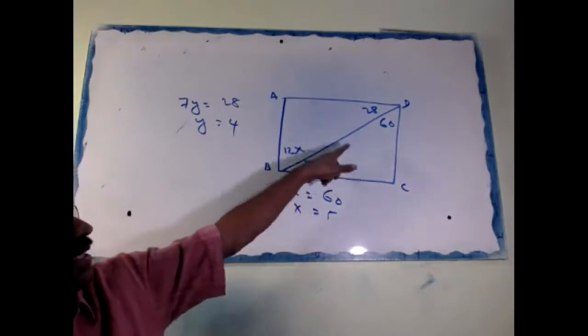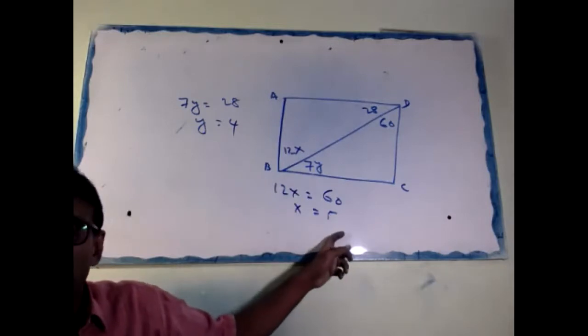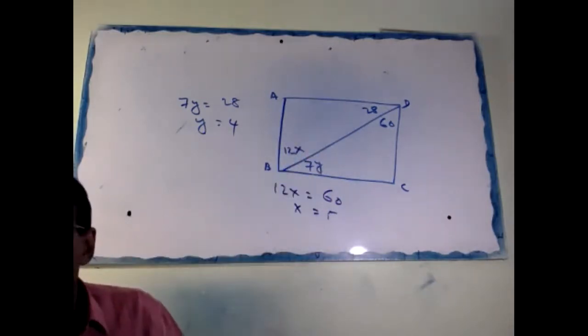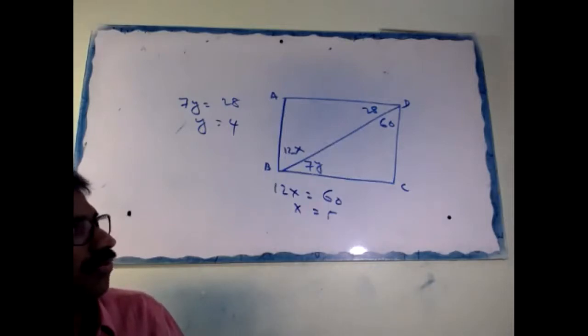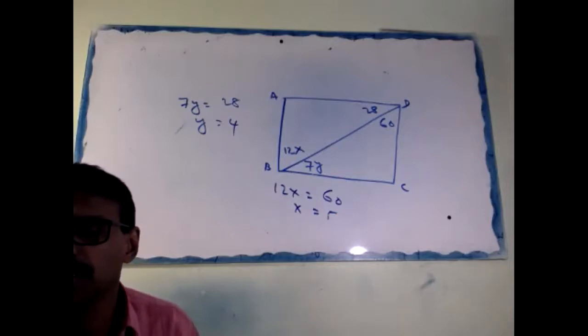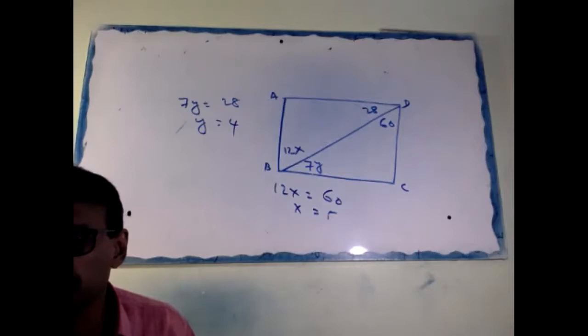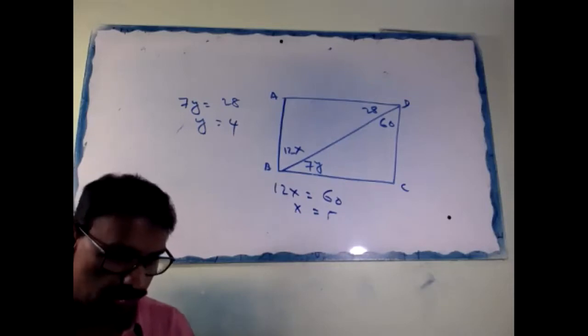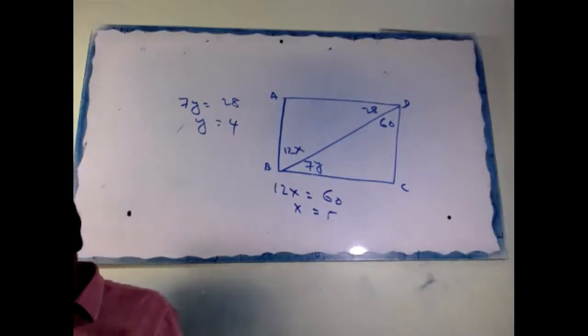12x equal to 60. So, x equal to 5. Like that, 7y equal to 28, alternate angles. Y equal to 4. This is the golden year actually. We got enough time to finish all the chapters. We have enough time for revision also. Okay, so next question.